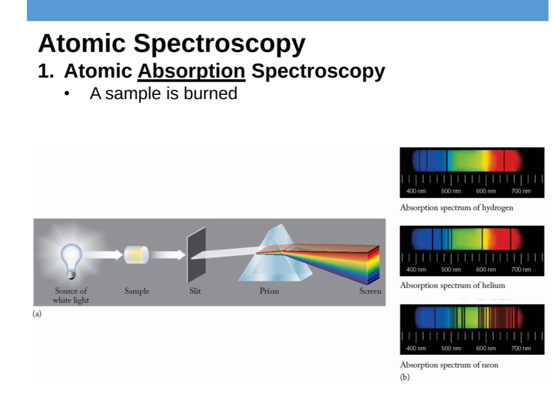Now, the opposite is atomic absorption spectroscopy, where, oh, it's not a sample that is burned. I'm sorry, let me fix this up. Absorption is where light, the full spectrum, passes through a sample.